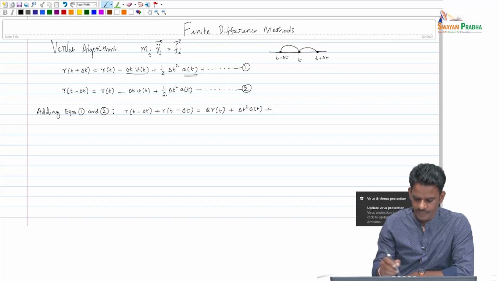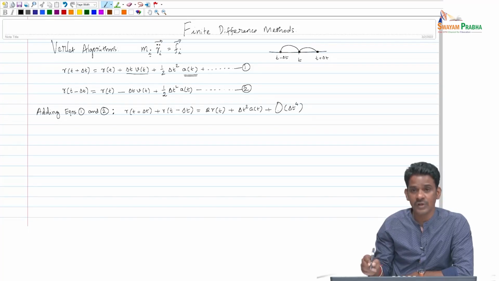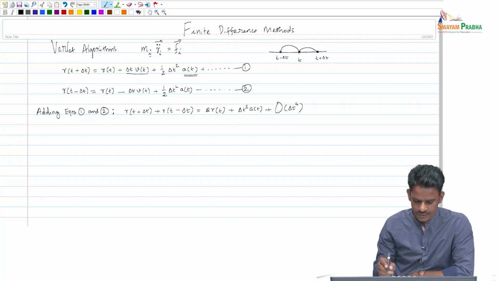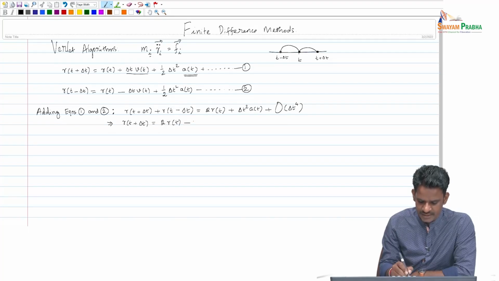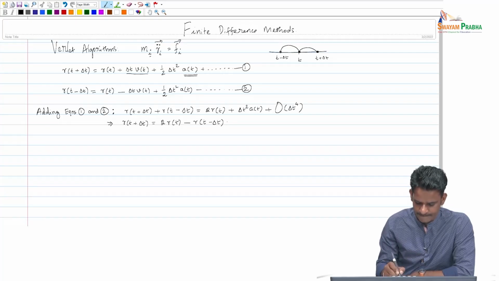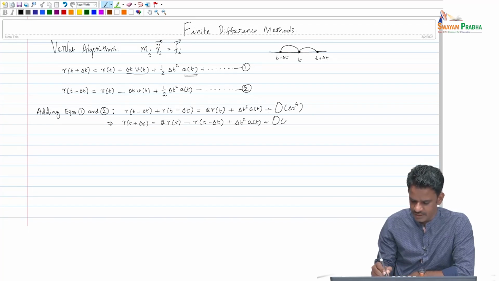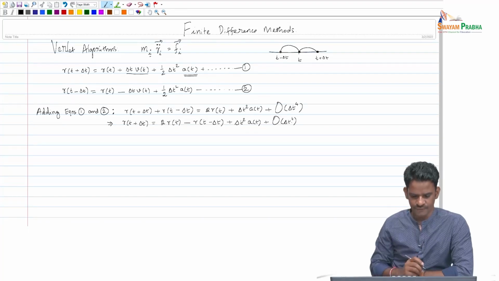What is left is terms of the order of delta t to the power 4, because all the odd powers are cancelled. So, from here we can write r at t plus delta t is equal to 2 r of t minus r at t minus delta t plus delta t square a of t, and the errors are of the order of delta t to the power 4.